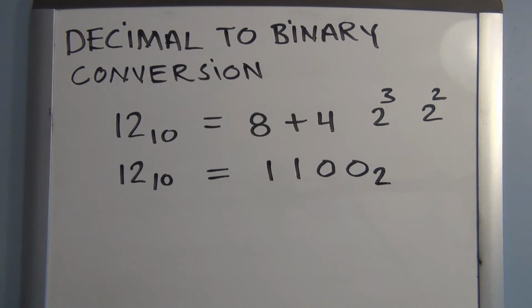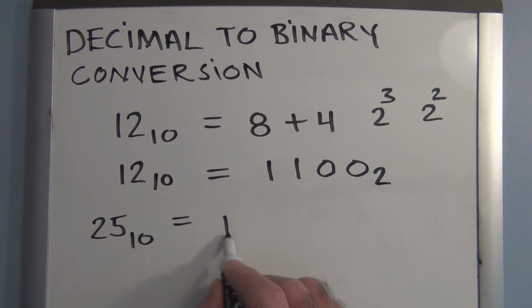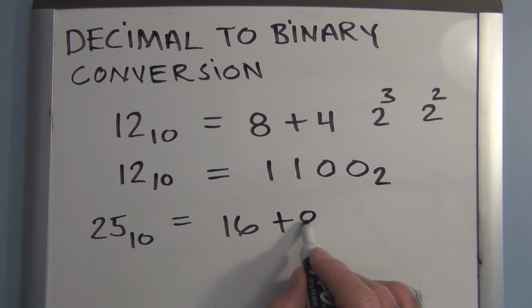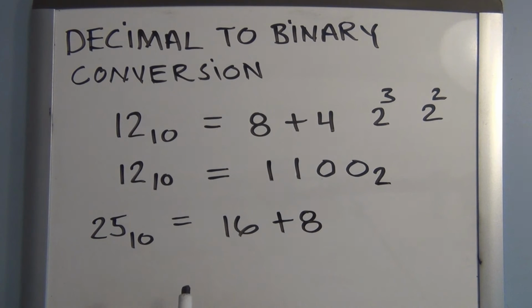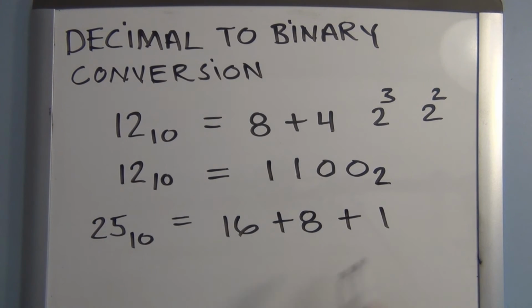Let's do another one. 25 decimal. Let's break that down into binary. So this can be broken down into 16 plus 8, which gives us 24, and then we're going to need 1 for 25.